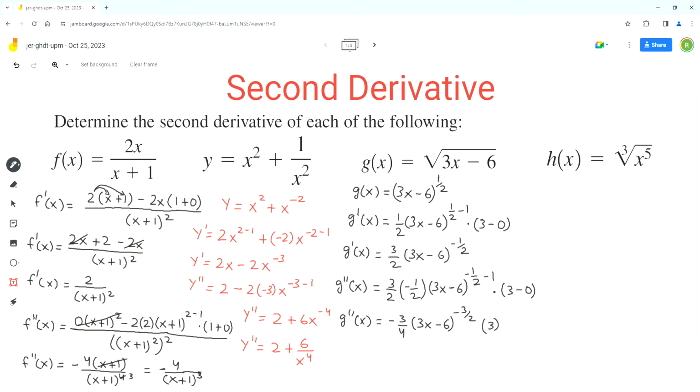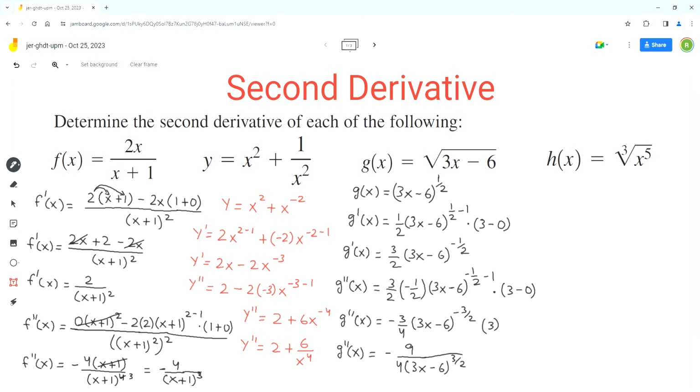Now in the next step we can multiply negative 3 over 4 by 3, and we'll get, so the double prime of g at x equals negative 9 over 4, and we can move 3x minus 6 to the denominator to make the exponent positive. So 3x minus 6 and exponent 3 over 2. So this should be the final answer for the second derivative of this function g at x.